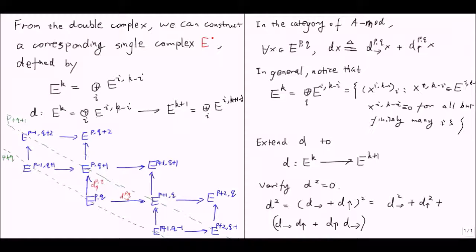The first two terms are 0 because each row or column is already a complex. And the third term is 0 because of the anti-commutativity.